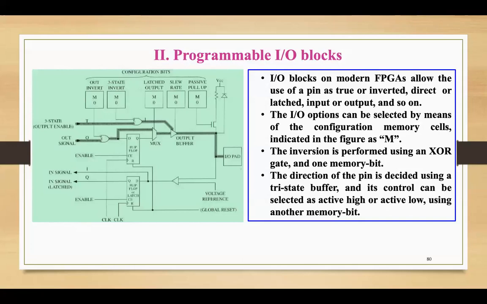You can imagine that it has 3 values: high, low, and another, inactive. It is selected as active high or active low, and it uses another memory bit. M is memory, so it will have 0 and 1.